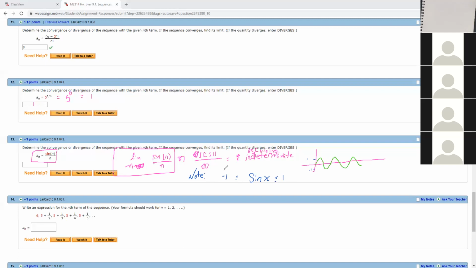That's a mathematical fact. This doesn't have to be proven. It's a fact that we know already from earlier coursework. And now we use this mathematical fact to try to figure out what this limit is.